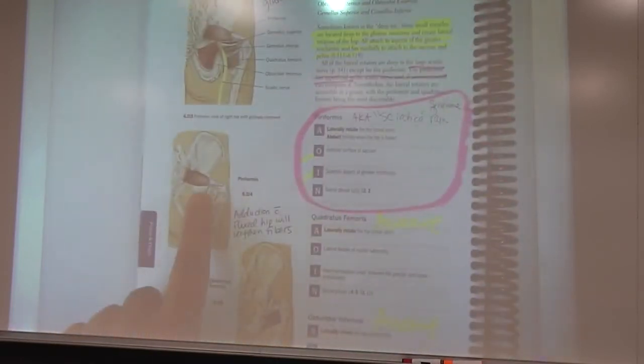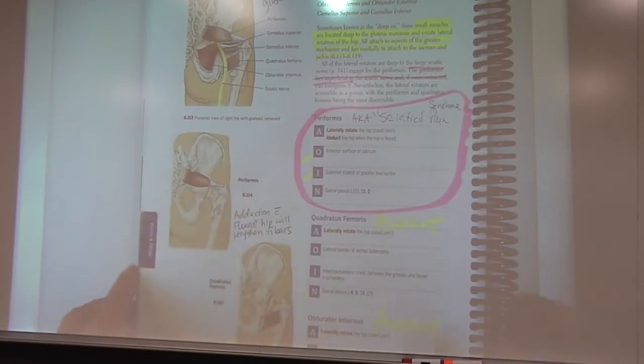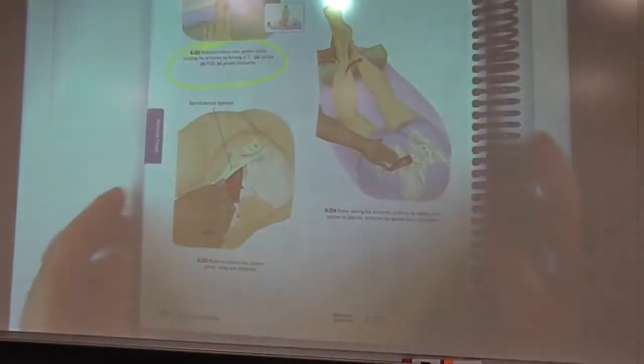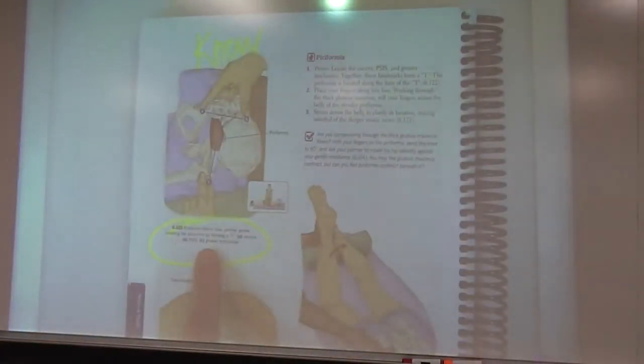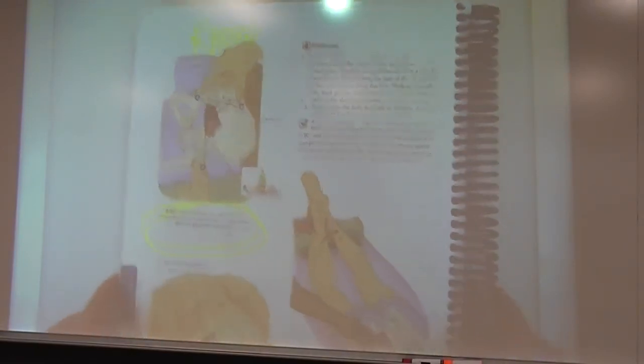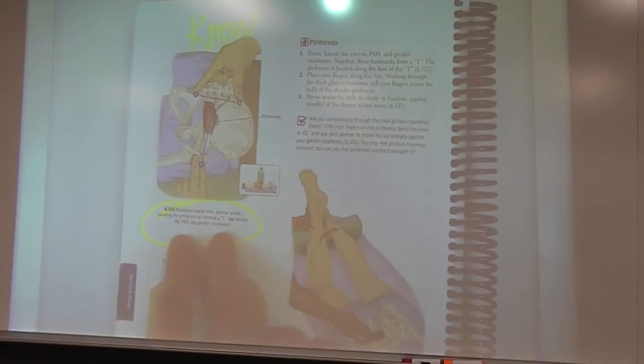Here's piriformis individually, but I do need to do one little thing. We're going to have to look at how to identify piriformis. Everything about piriformis you need to know: origin, insertion, and actions. This is page 330 with how you can locate piriformis. It is important. We will be doing this during class so that you will be comfortable.